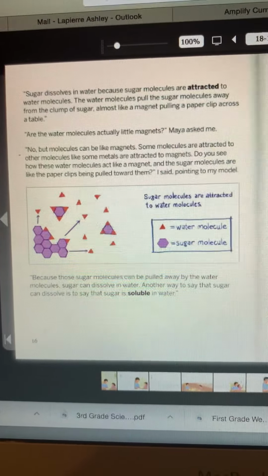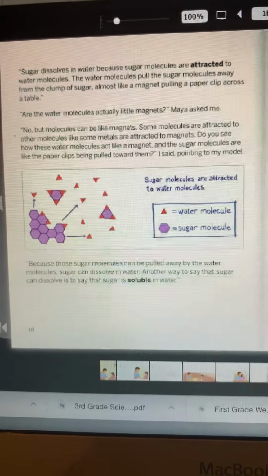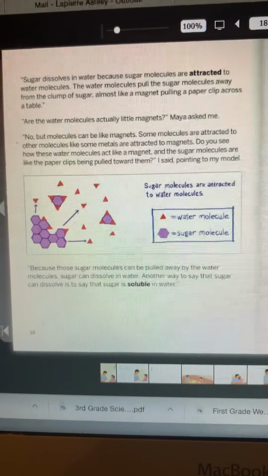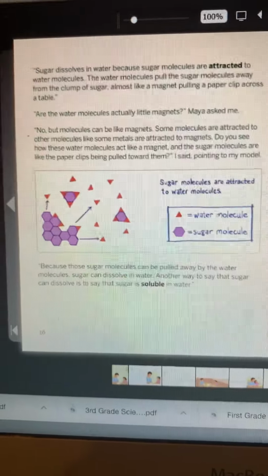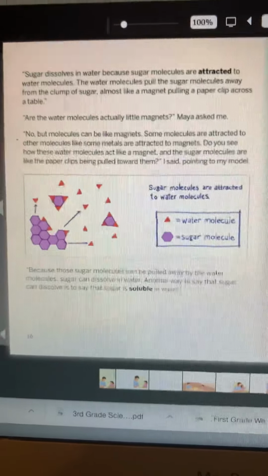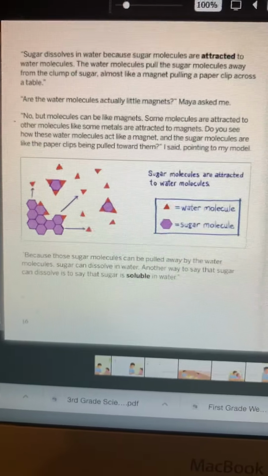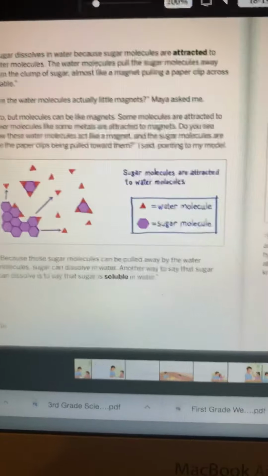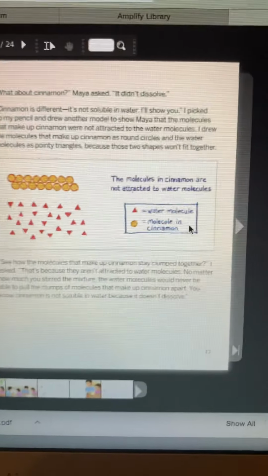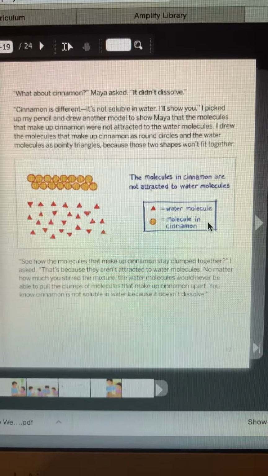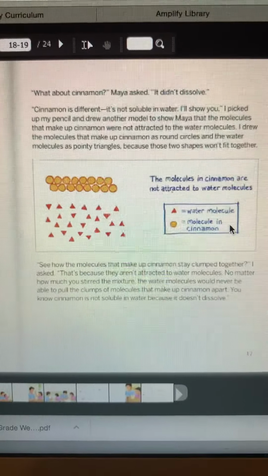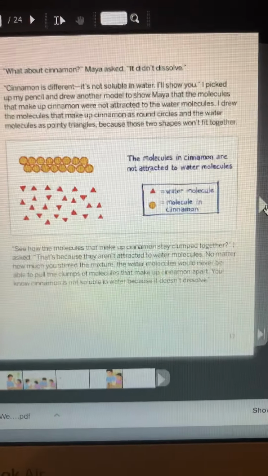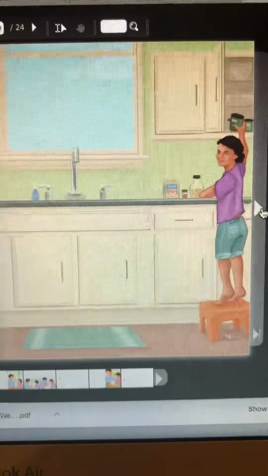So if you're thinking about sugar and water, these two molecules are highly attracted to each other, and that's why sugar dissolves in water. Cinnamon and water are not attracted to each other, so cinnamon does not dissolve in water, and that's what this model is showing. Okay, I'll let you guys take a look at that page.